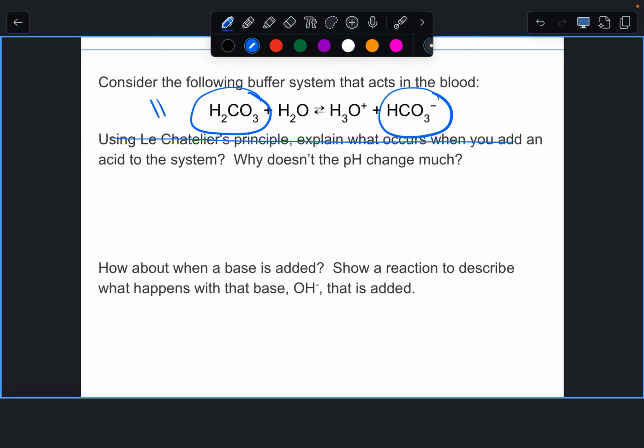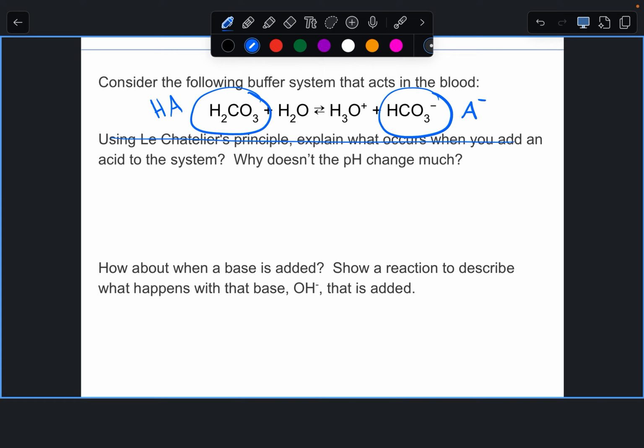So when we talk about weak acids, we're going to think about this as HA, and the conjugate base is A minus, just so we keep it in a generic form so it's applicable to any weak acid and conjugate base, okay? So if we have these two in a buffer, this is actually the buffer that our blood uses to keep the pH of our blood constant.